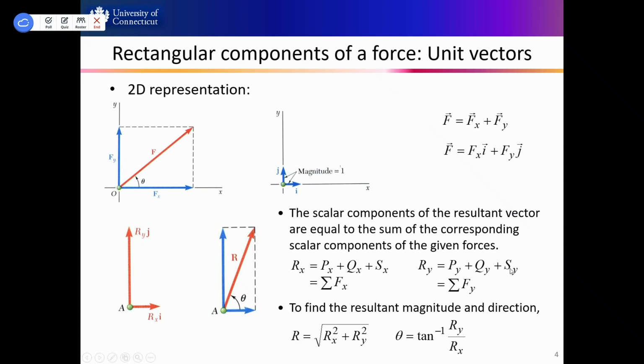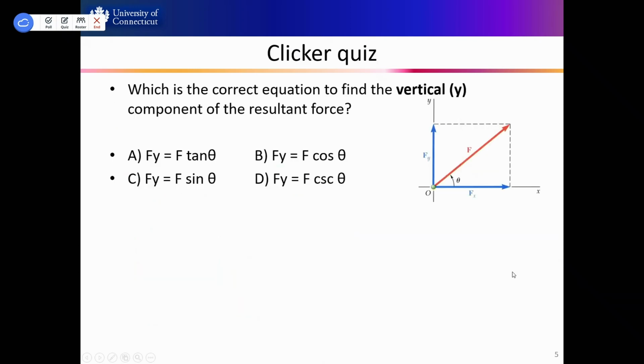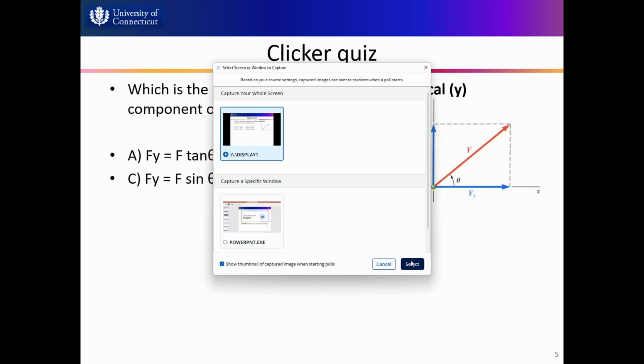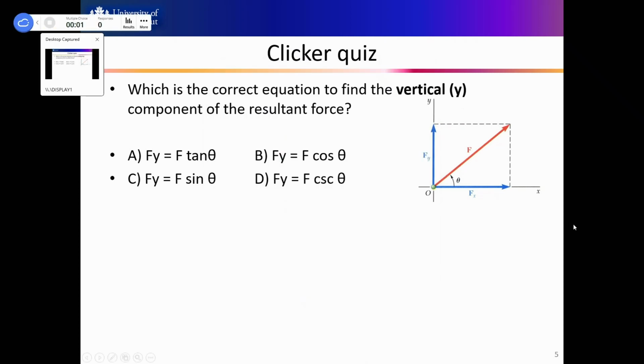Okay, then moving to, it's loading. Okay. So I have the first clicker quiz today about theta, right? The first one is about the equation. Which is the correct equation to find the vertical component of the resultant force? This is the resultant force. Then what is the equation to find Fy using tangent, cosine, sine, or cosecant?